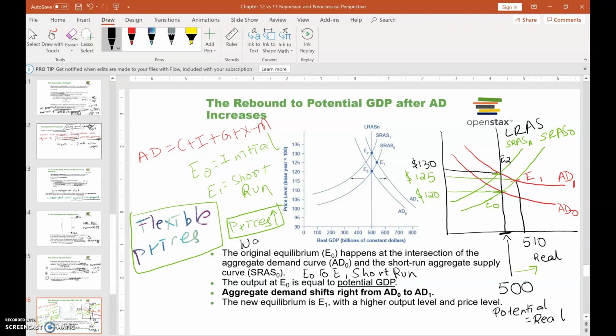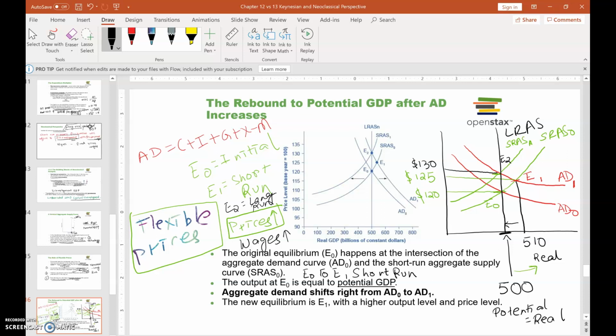In this model, the wages are allowed to go up. The wages went up because the prices went up and workers were demanding higher wages. So we have point E2, which is a long-run equilibrium point, and we are back to the potential gross domestic product.